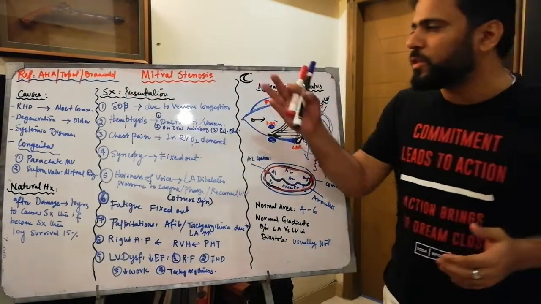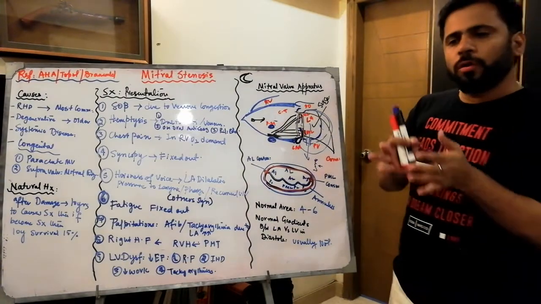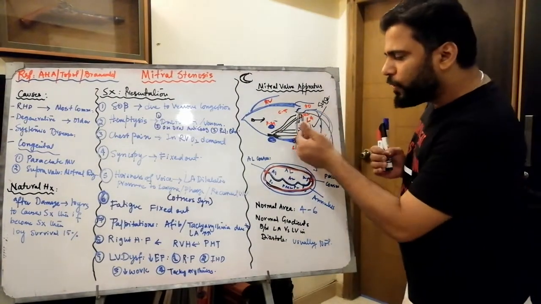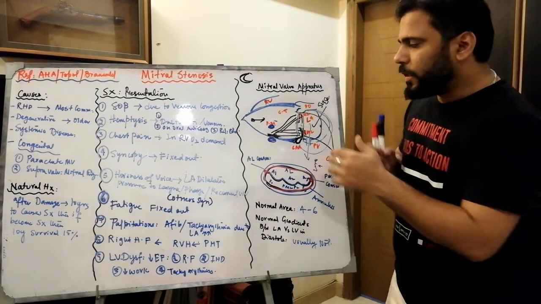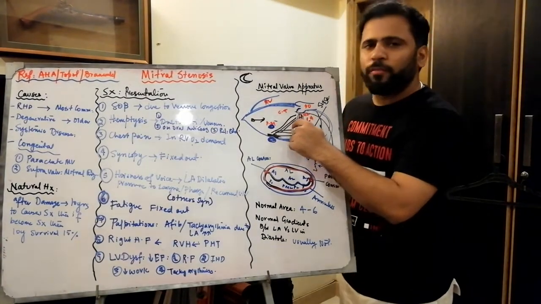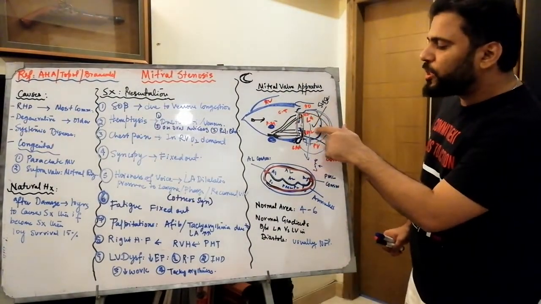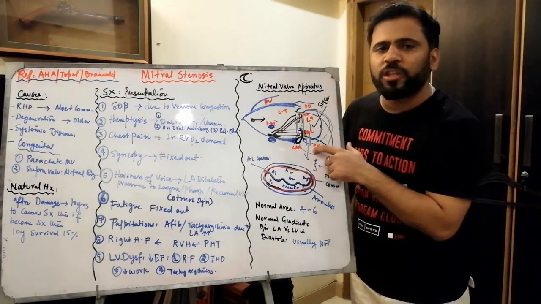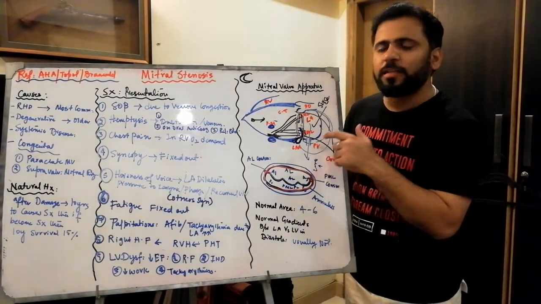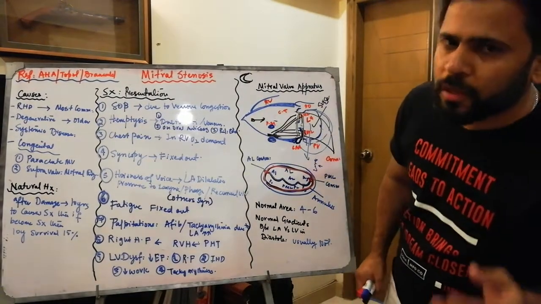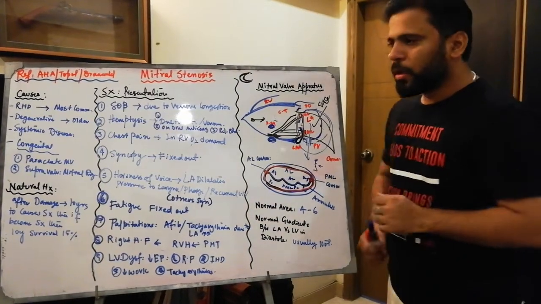It depends upon the severity: the more severe the MS, the more will be the pressure in the LA, the more the pressure in pulmonary vessels, and the more the shortness of breath, because there will be more pulmonary edema.